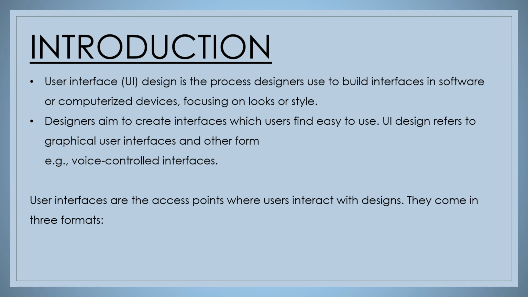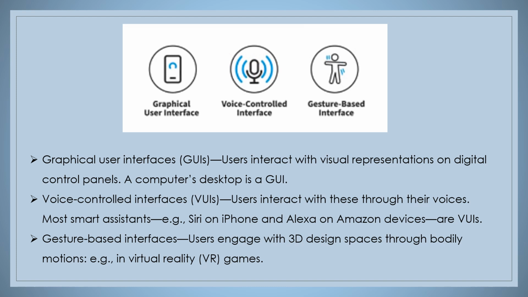They come in three formats. The three formats as mentioned are graphical user interfaces, voice-controlled interfaces, and gesture-based interfaces. So graphical user interfaces, also known as GUI, is where the users interact with the visual representations on digital control panels. A computer's desktop is a GUI.